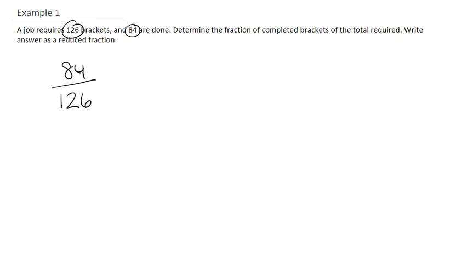cancel them out. So if we look at 84 first for the prime factorization, we notice 84 can be broken into 2 and 42. Because 84 divided by 2, 2 can go into 8 4 times, and then 2 can go into 4 2 times. Then we look at 42, and we break that down further.